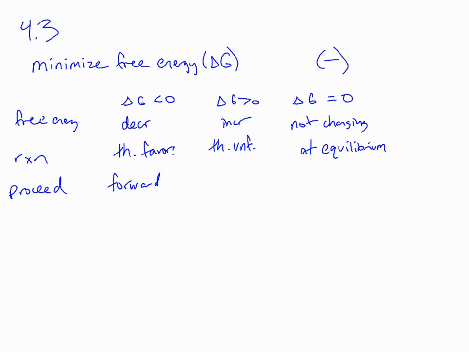If it's thermodynamically unfavorable, meaning delta G is positive, it's not going to happen in the forward reaction, but if you turned it around, it would work. And so the reverse reaction happens. And if we're at equilibrium, it's really not going to proceed in the direction.